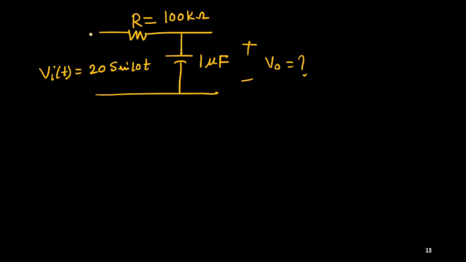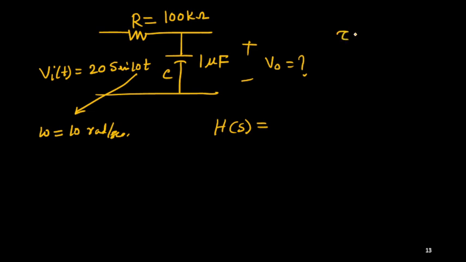From this input signal, you can easily understand what the frequency is. Omega equals 10, because it is sine omega t, so 10 radian per second. For this circuit, C is 1 microfarad. So what is H of j omega or H of S? First, the time constant.